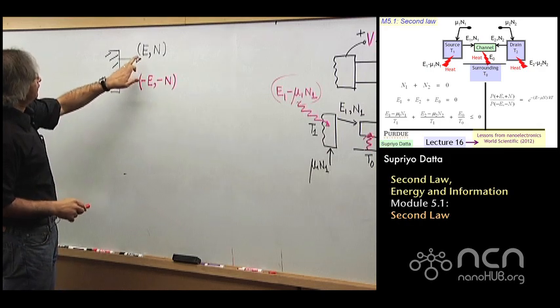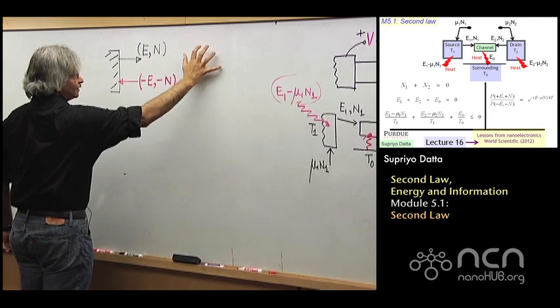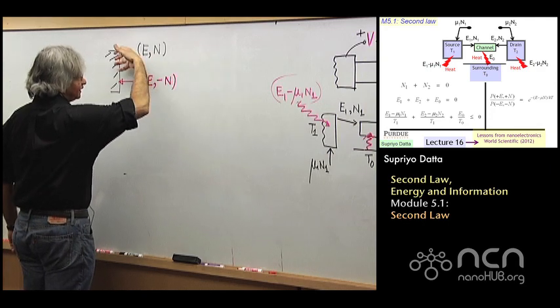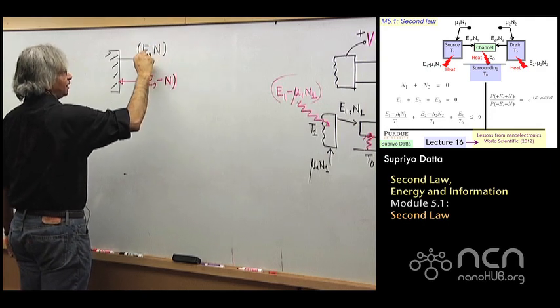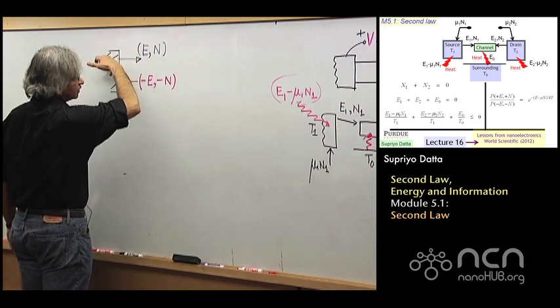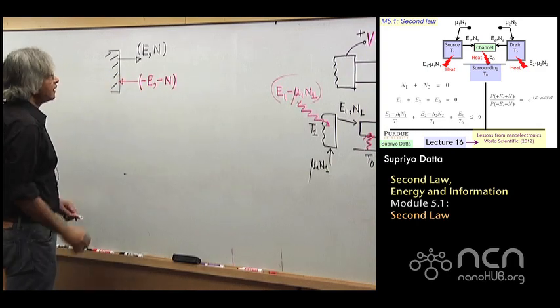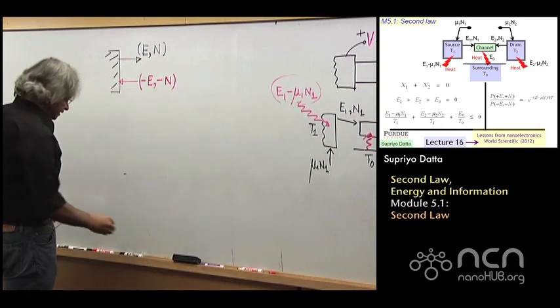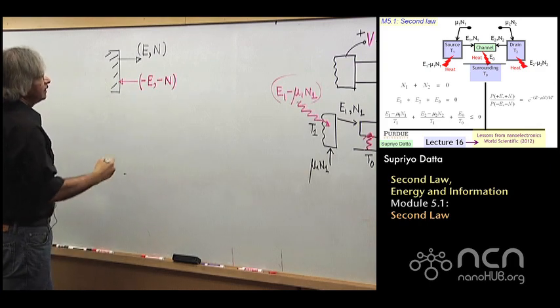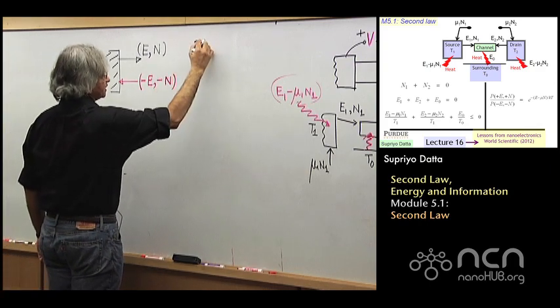Note that this plus and minus are defined with respect to the system that takes the energy. So E positive means the energy goes out of the contact somewhere, whereas negative is going in.